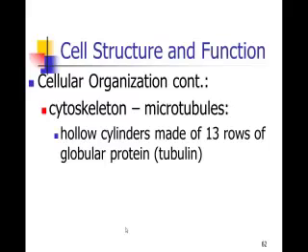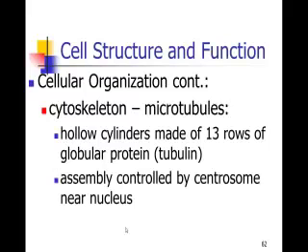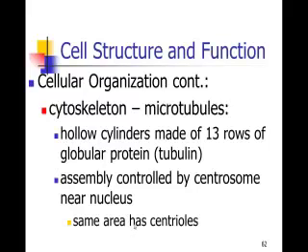There are 13 rows of globular protein called tubulin, and they are controlled by the centrosome. Remember, we talked about the centrosome being near the nucleus. And this is in the same general area that centrioles are found.